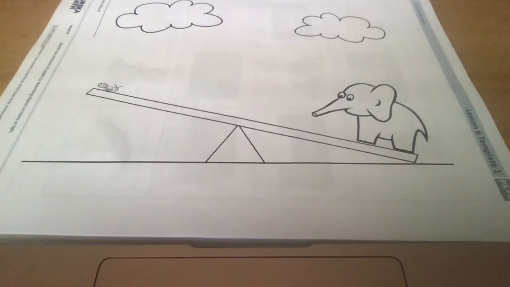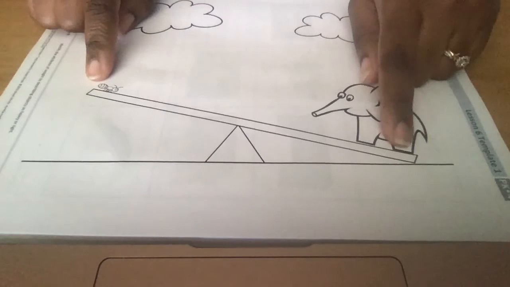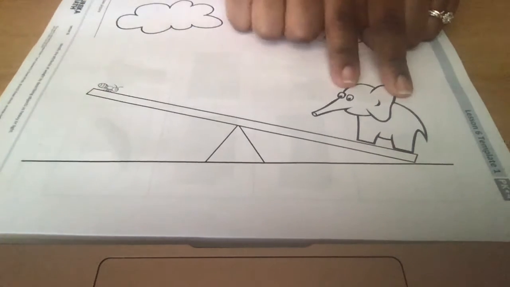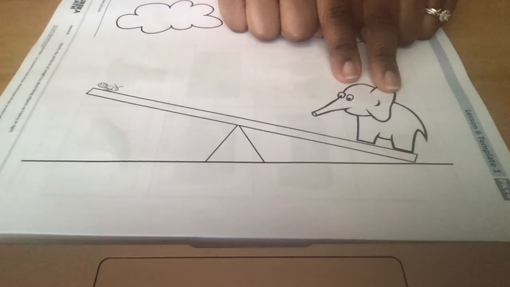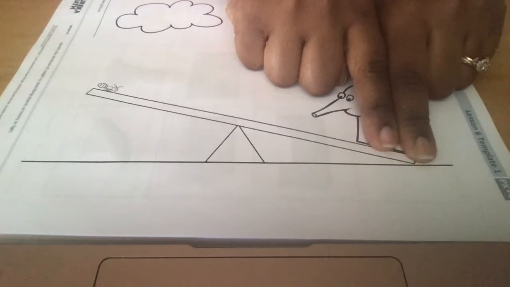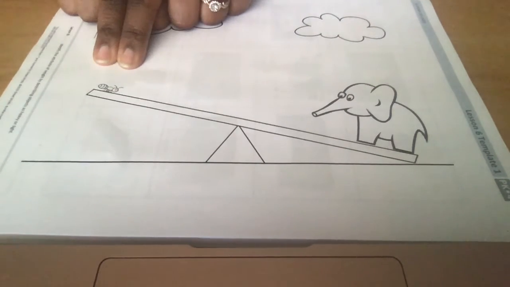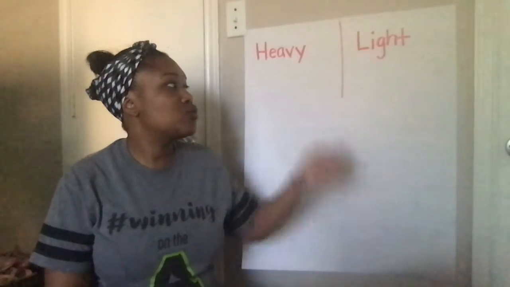Very good. Now, this seesaw acts just like a scale. When you're on a scale, on one end, the object that is heavier goes down to the bottom, and the object that is lighter is on the other end and goes up to the top. Okay, guys, I have two words up here.